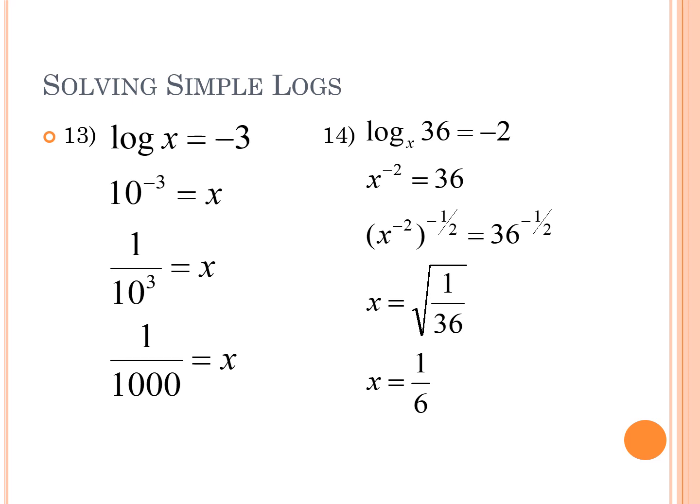If we raise that to the negative 1/2, that's going to end up canceling out the exponent on the left. It's just going to be x. But whatever I do on one side, I have to do the other. So take it to the negative 1/2, which is the same as doing the square root of the reciprocal. So the square root of 1 over 36, x equals 1/6. One note there: normally in algebra that would be plus or minus 1/6 because we added that square root, but because the base has to be positive, the answer is just 1/6.